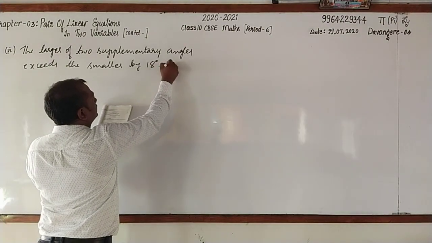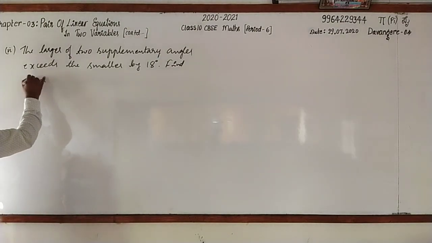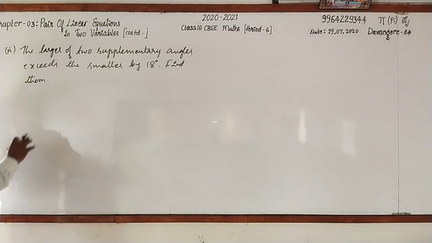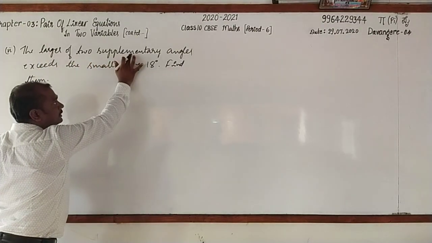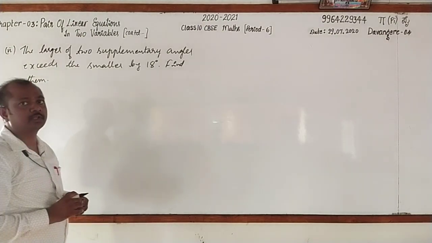Now find the angles, or you can write find them. Please go through the given statement. Simple one. The larger of the two supplementary angles exceeds the smaller angle by 18 degree. We have to find out both the angles.